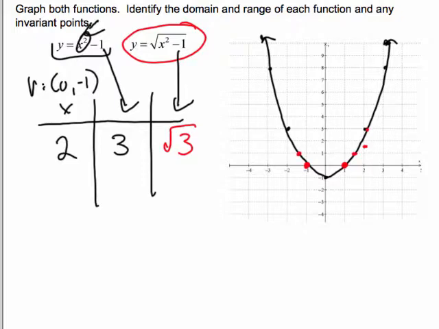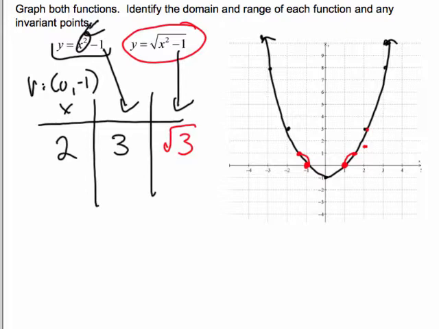Those will also be points on the new graph. Where I have y values between 0 and 1 on the original, which is right here, if I square root numbers between 0 and 1, I get slightly larger numbers, but still less than 1. So my graph will bend out a little bit in that section, but not go above 1.